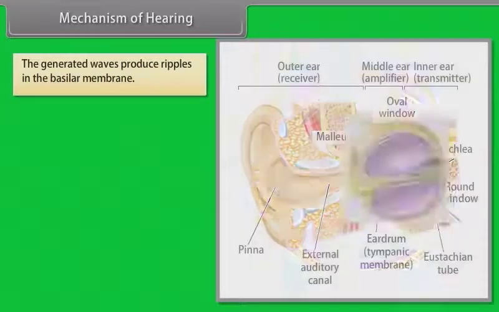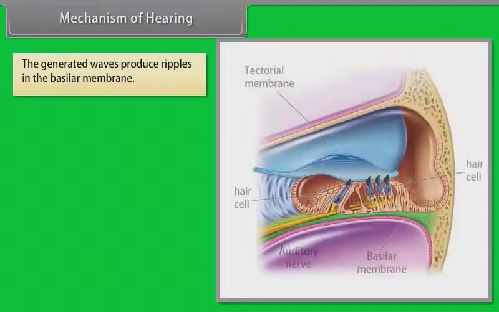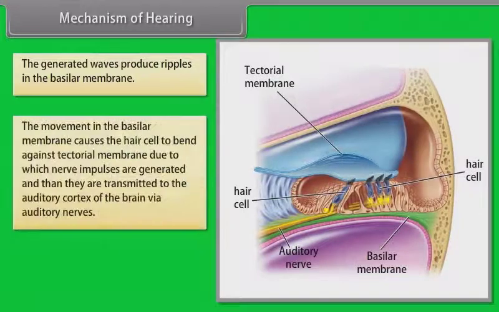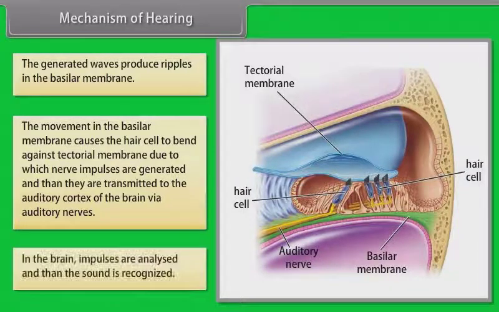The generated waves produce ripples in the basilar membrane. The movement in the basilar membrane causes the hair cells to bend against the tectorial membrane, due to which nerve impulses are generated and transmitted to the auditory cortex of the brain via auditory nerves. In the brain, impulses are analyzed and then the sound is recognized.